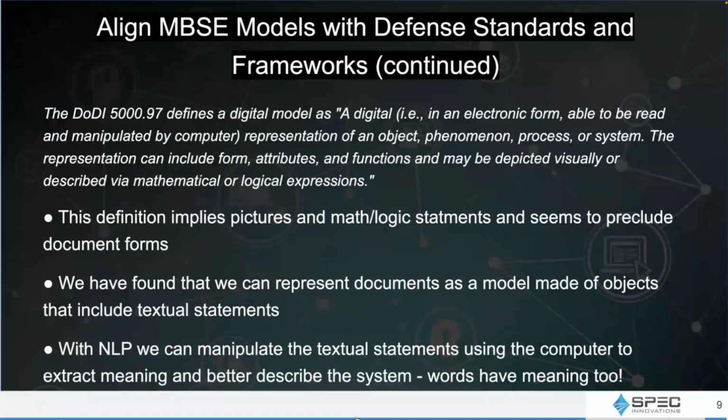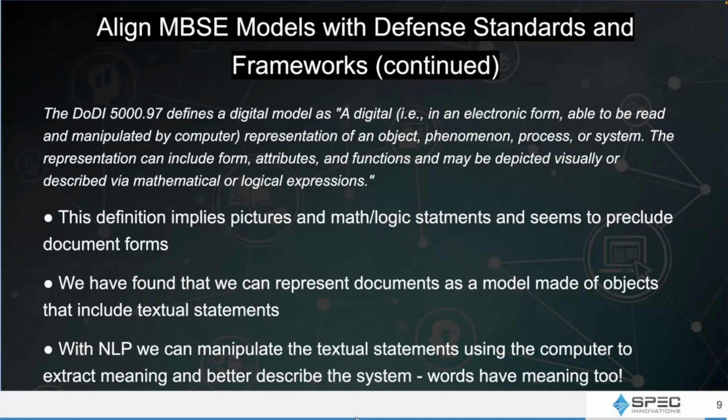So again, one of the things we found is that now with natural language processing, and particularly the new generative AI, which is a spin-off of that, you can manipulate your textual statements using the computer to extract meaning and better describe the system. So words have meaning too. You can use those just as well as you can use math or logic or pictures to describe the system.